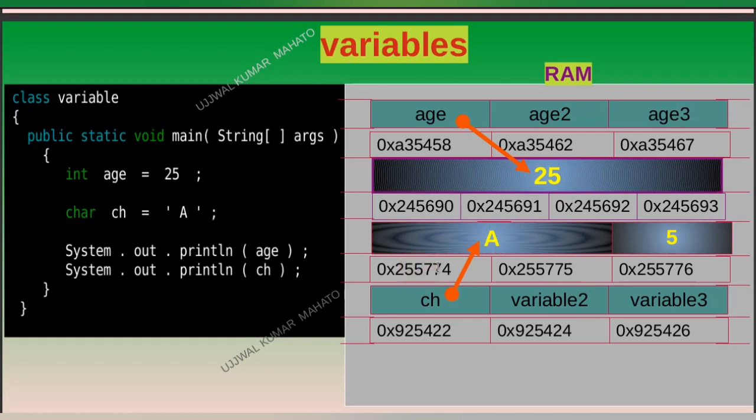So you can see that every part or portion of our program is stored inside the RAM, and every one has some address. Here age is also stored somewhere, 25 is also stored somewhere, age has its address, 25 has its address. ch is a variable, it is also stored in some memory location.